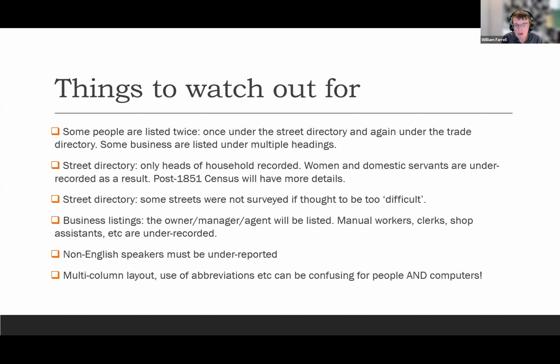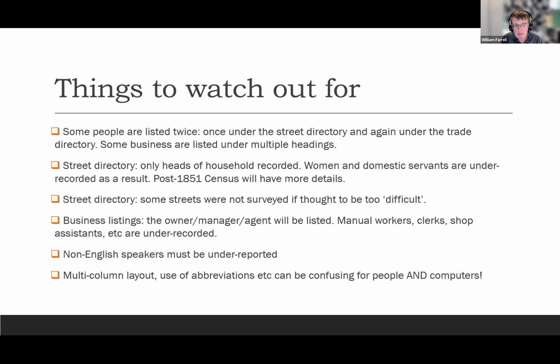Some businesses were also listed under multiple headings. There are a lot of 19th century businesses which said they were importers, exporters, general wholesalers and manufacturers of certain goods or multiple goods at once. And so they often asked to be under multiple headings or were put there. So sometimes they were duplicated.